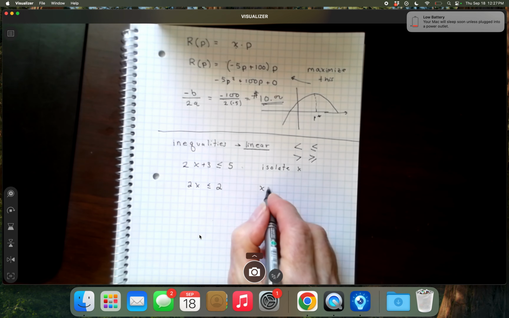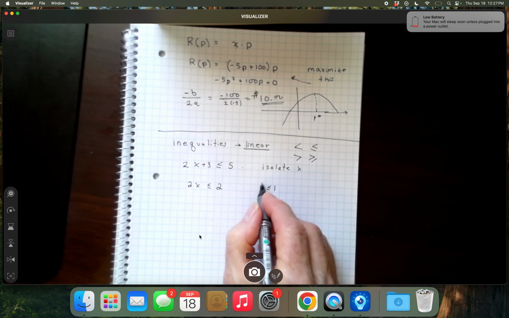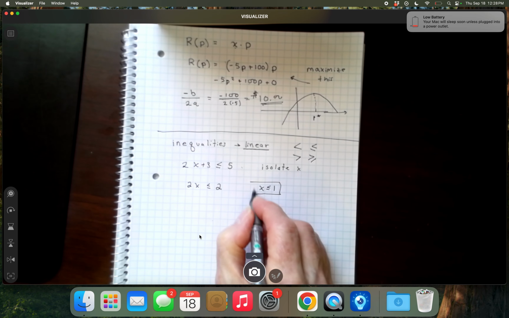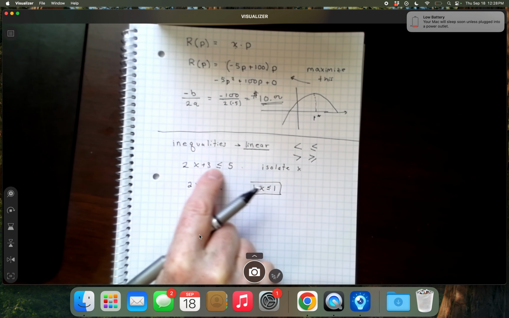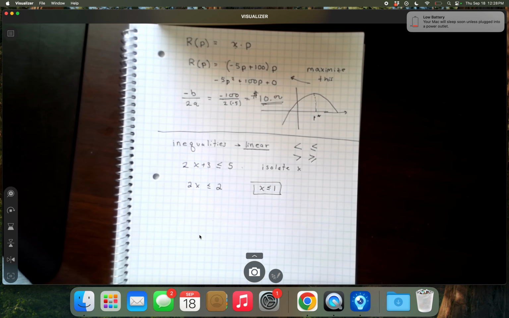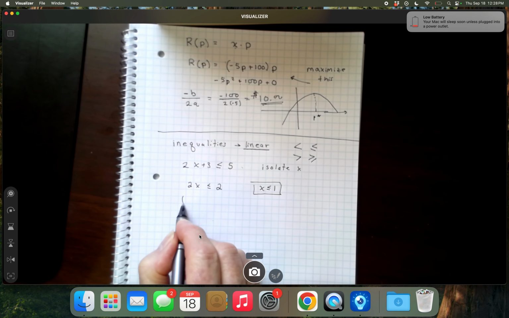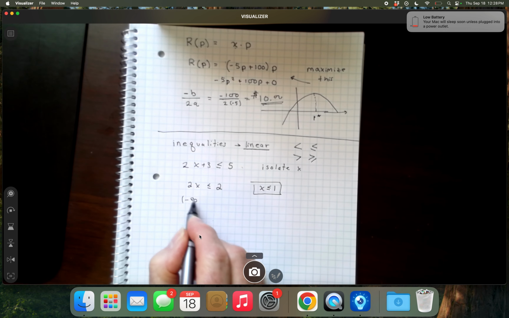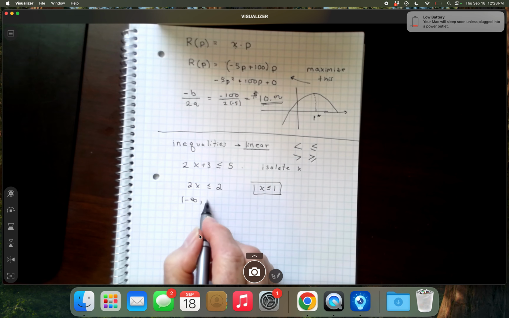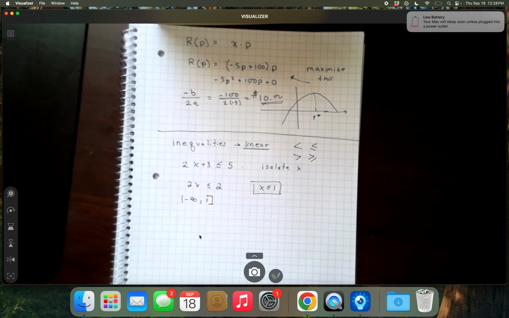So as long as x is less than or equal to 1, 2 times x plus 3 is going to be less than or equal to 5. Now, we like to write the answer in interval notation. So x less than or equal to 1 means from minus infinity up to 1, including 1. There's your answer. It's a set.